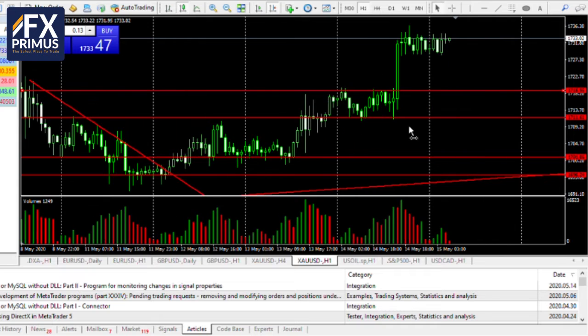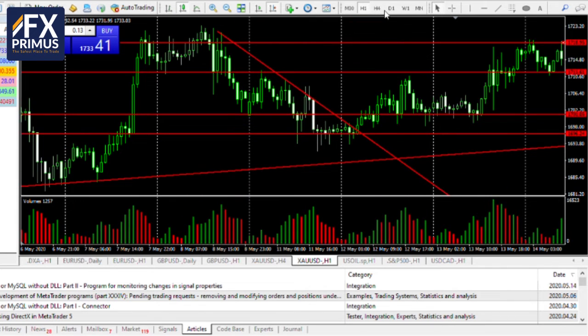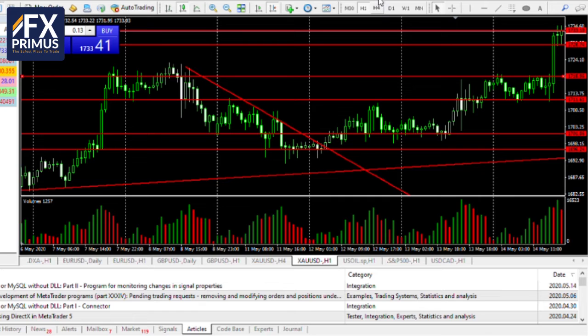So again you can see here it's having some resistance. We're going to have a look and see later on where it's going to go. I think a few days ago I was analyzing the gold prices also, and we were forecasting if it was to go up or down. I believe I did mention about 1732 US dollars.